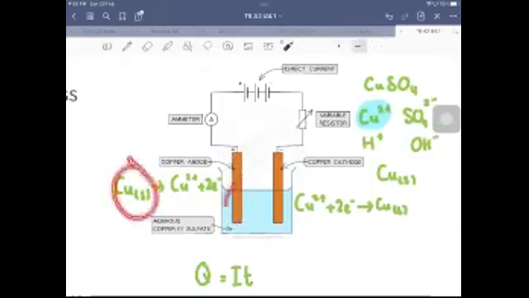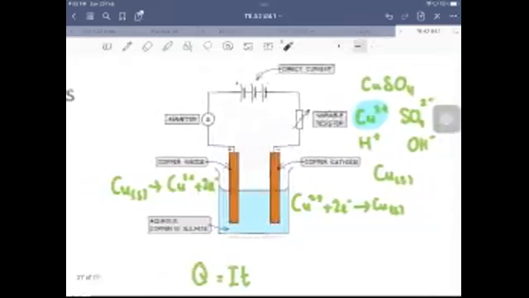Of course it wouldn't disappear, but you would see that the size of the electrode is thinning. And to quantify that, we would have to measure the initial mass and the mass of the electrode after the reaction.